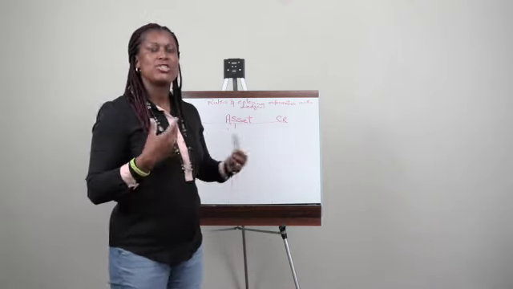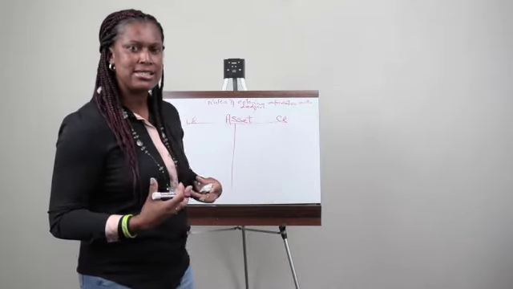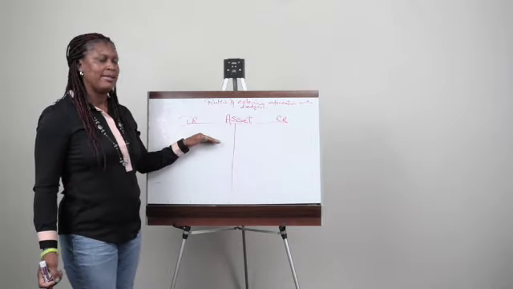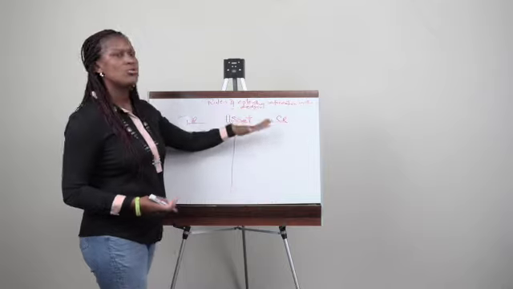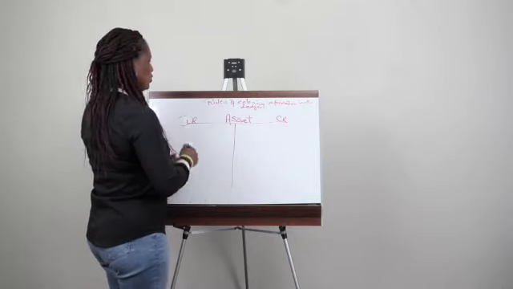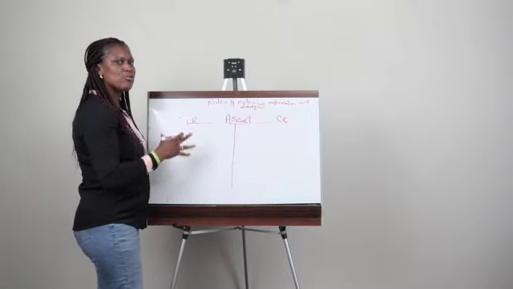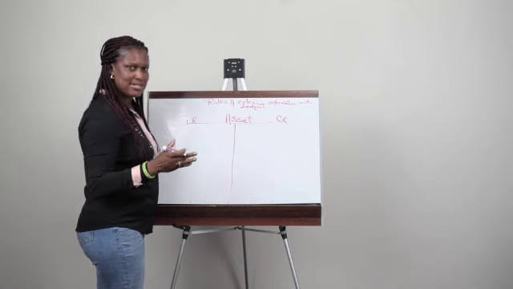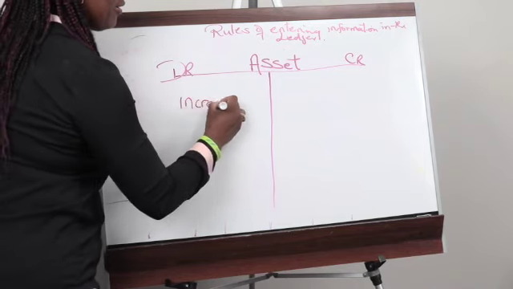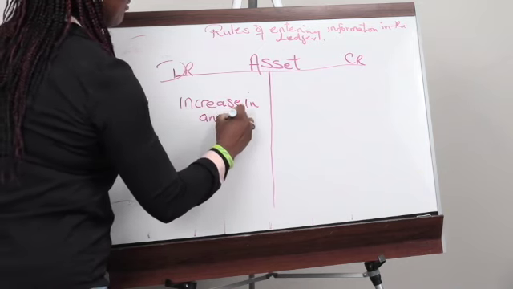Any asset account that you have, if that asset account increases, you will make a debit entry. If it decreases, you will make a credit entry. So, debit in the form of an asset will represent any increase in the asset account. So I will put it here. Increase in account.